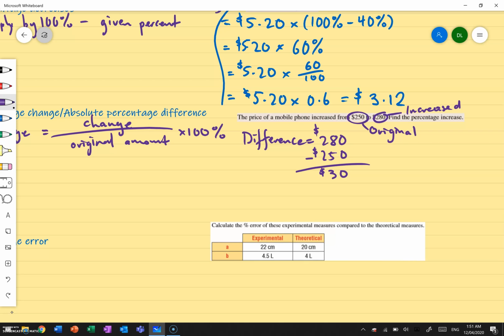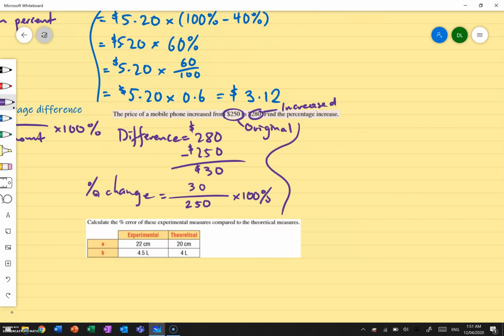So let's solve this. Our percentage change is equal to, now remember our formula, the change 30 divided by the original amount, which is 250, and I multiply by 100%. Right?